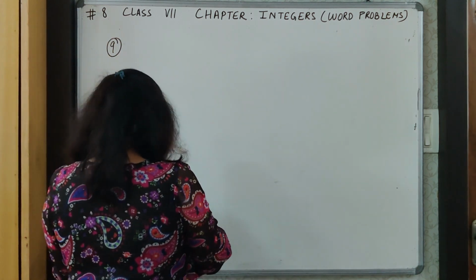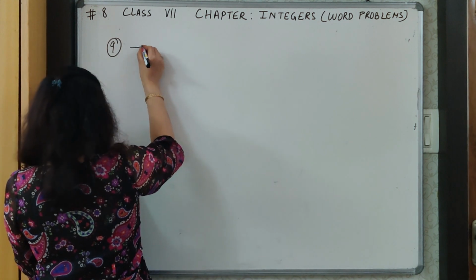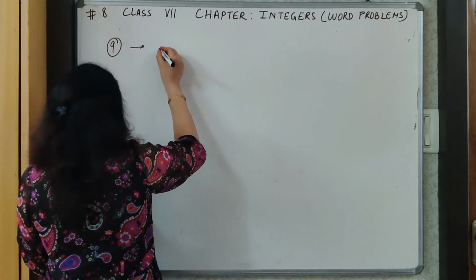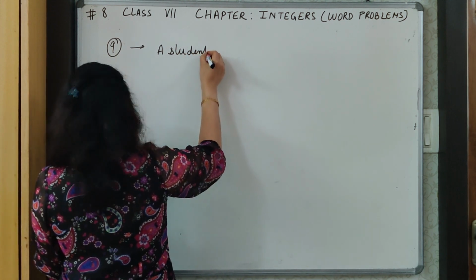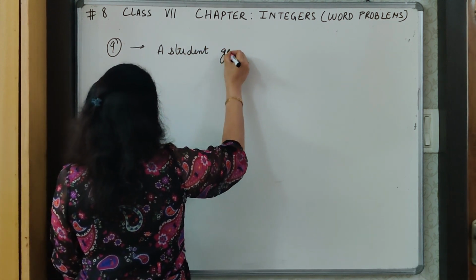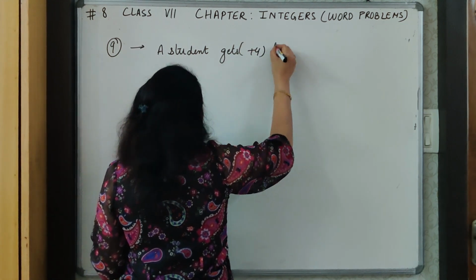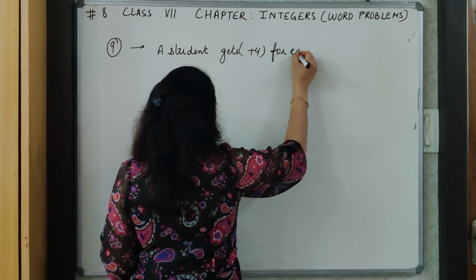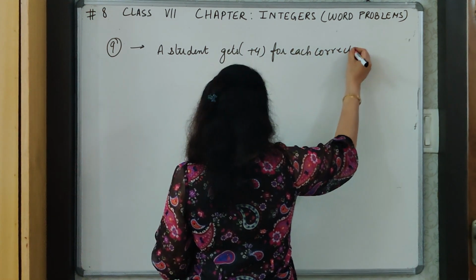Now I will write the statements directly. The question is that a student gets plus 4 marks for each correct answer.